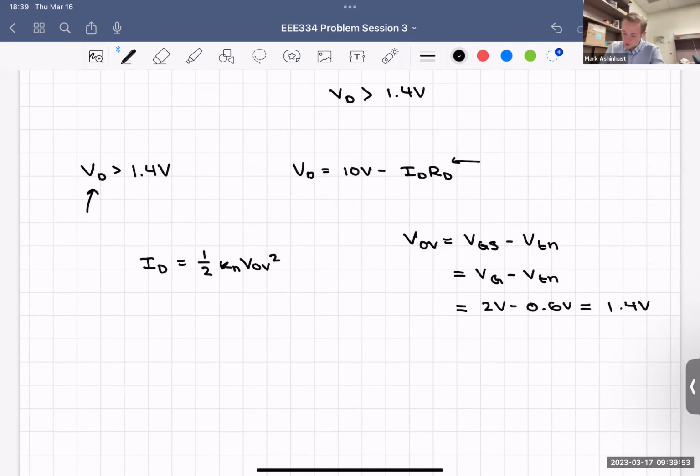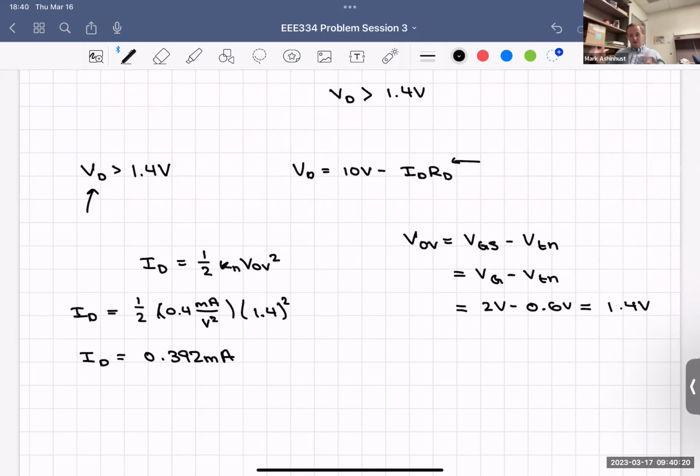So VOV is 1.4 volts. We know what Kn is. We can solve for ID in saturation. So ID in saturation is 1/2 times 0.4 milliamps per volt squared times VOV squared, which is going to be 1.4 squared. ID is then equal to 0.392 milliamps.